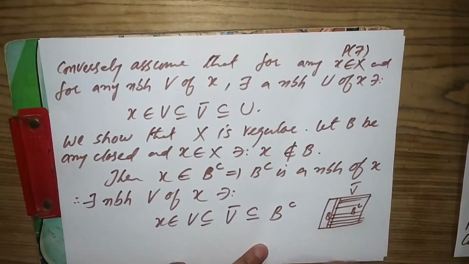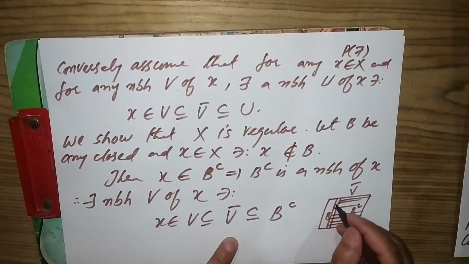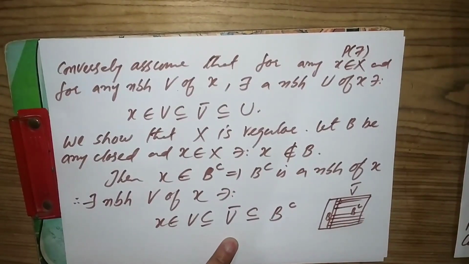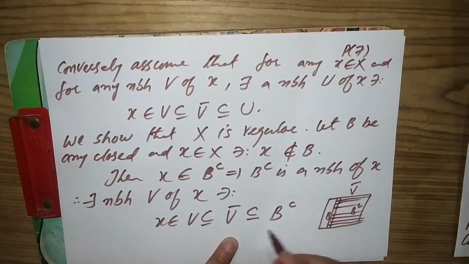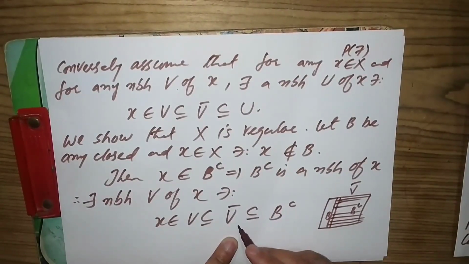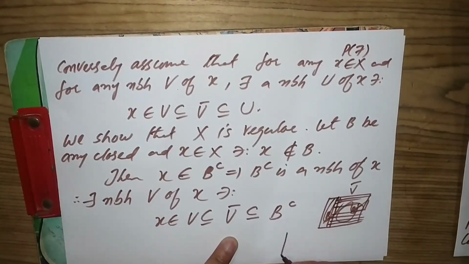Sorry, V closure is a subset of B complement, not V closure containing B complement.